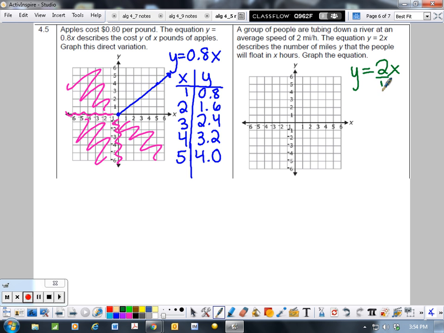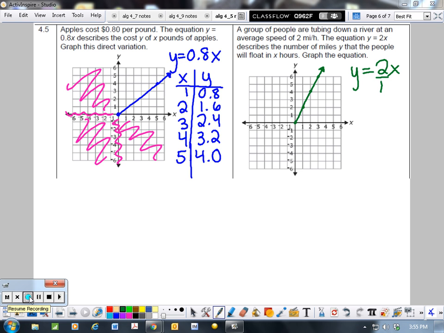I have a slope of 2 over 1, so I start at 0, 0. I go up 2 over 1, up 2 over 1, up 2 over 1, and this will give me my line. The problem is this is not really a line, because I don't really know yet if this is going to go negative or not.